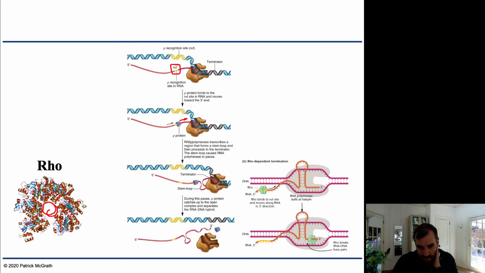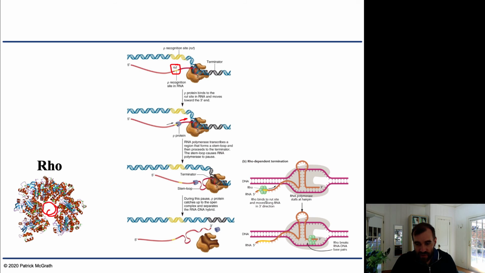So what happens is that if the mRNA is able to form a stem loop, it pauses the RNA polymerase. So the RNA polymerase is no longer moving at 43 bases per second.